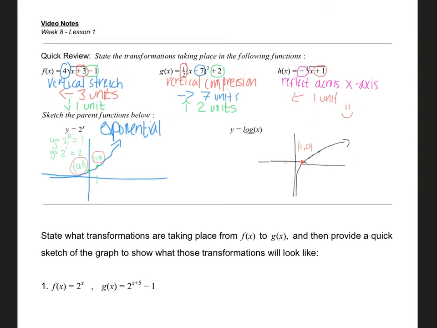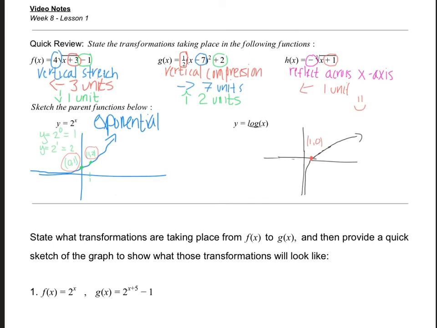Remember, an exponential function has, we'll write it in pink here, a y-intercept. And remember, this is just the parent function. These can move around. But for the parent function, the y-intercept equals 1, and then for the log function over here, the x-intercept equals 1. So y-intercept equals 1 for the exponential, x-intercept equals 1 for a log function.